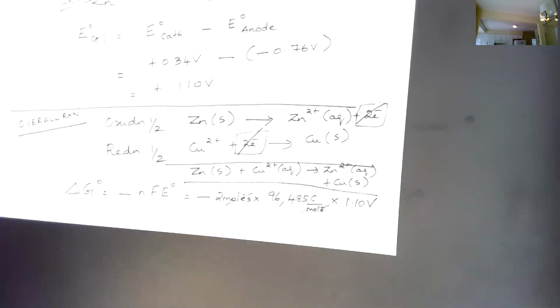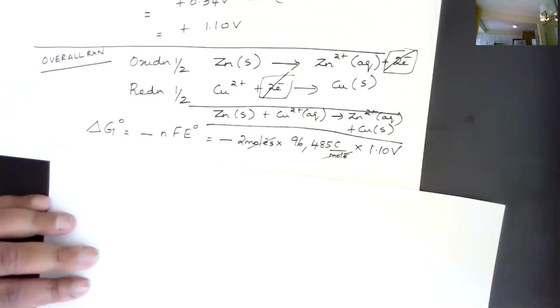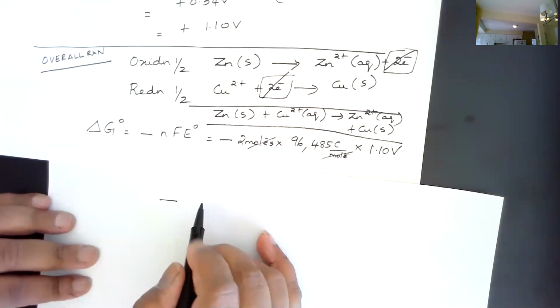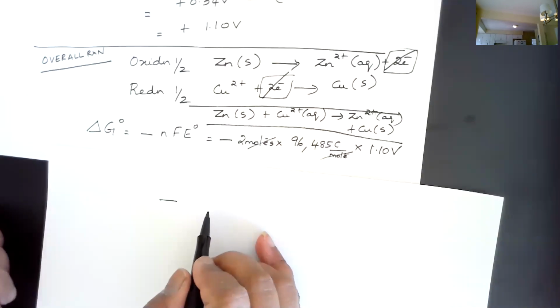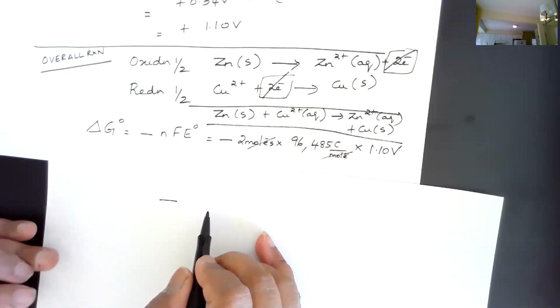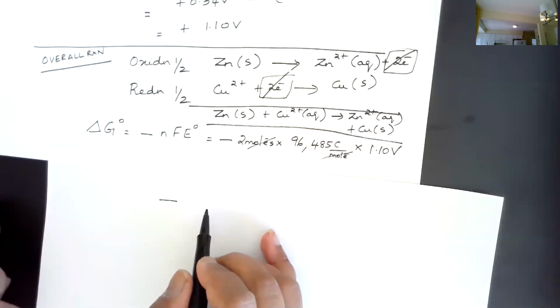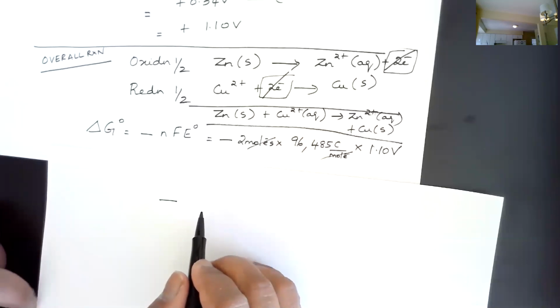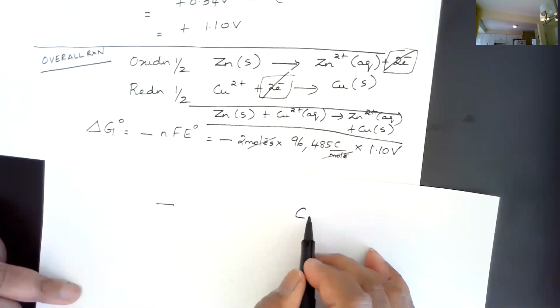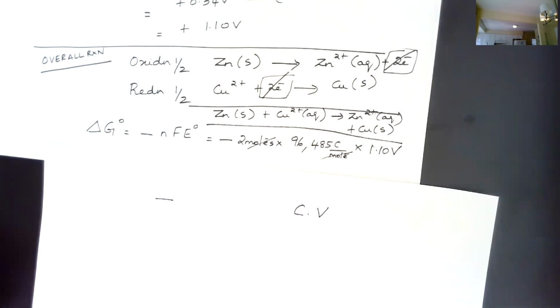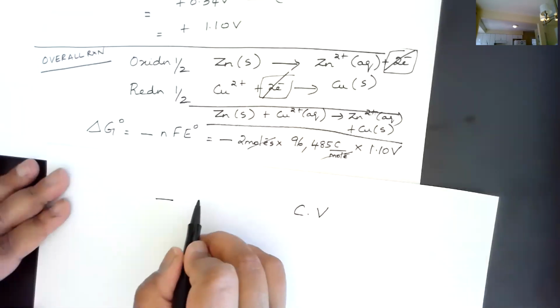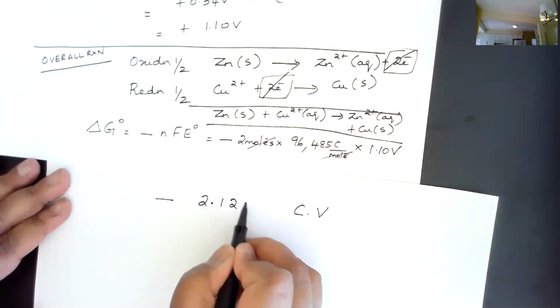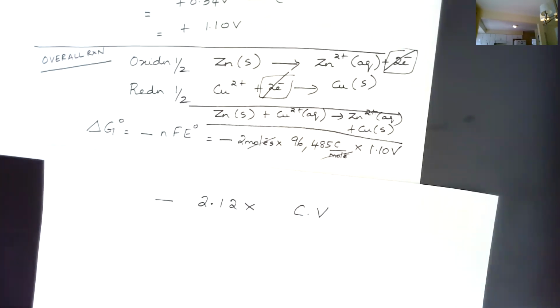What do you get? Negative 212.0, or scientific? 2.12 times 10 to the 3? 2.12 times 10 power 3 or?